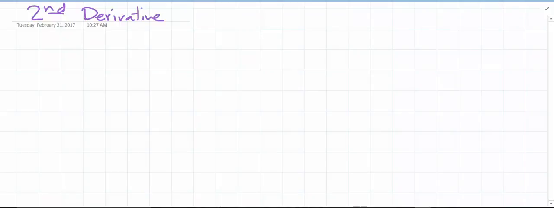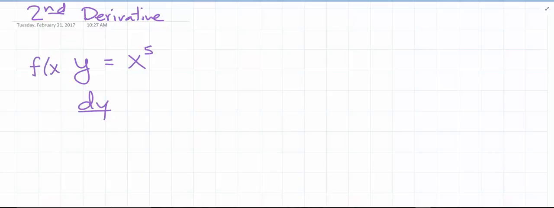We haven't done a lot of these, but just to remind you, let's suppose we have a function x to the fifth, and we want to talk about derivatives. Here's what we can do. Let me just say this is f of x equals y. So we could say f prime of x is equal to dy dx, which is 5x to the fourth.